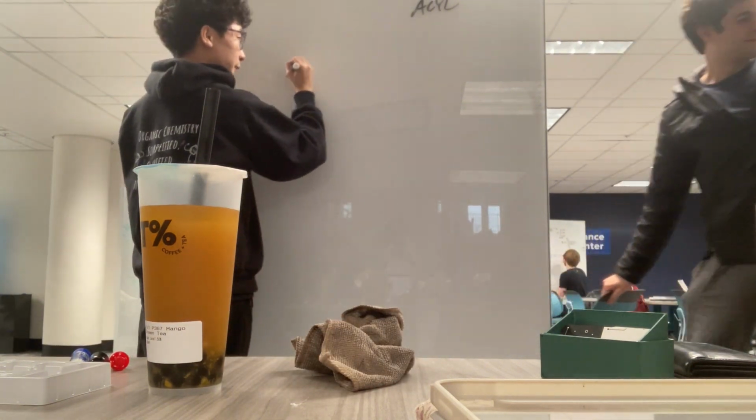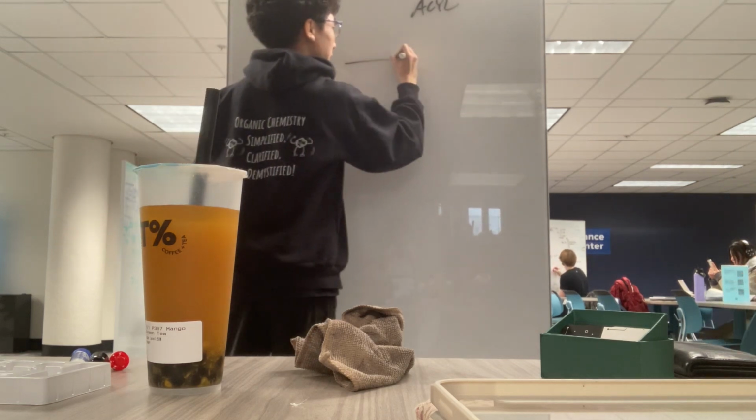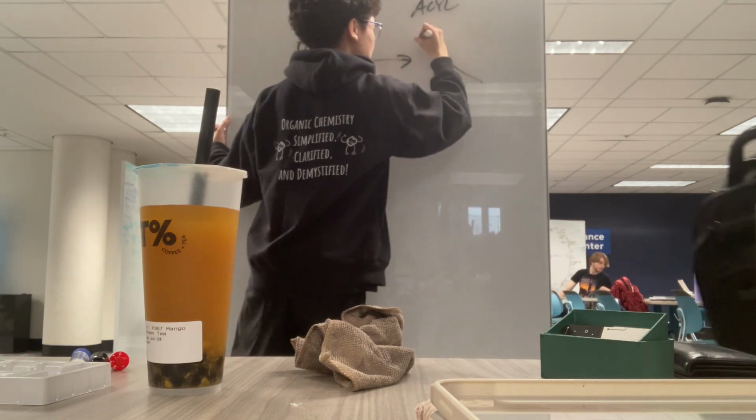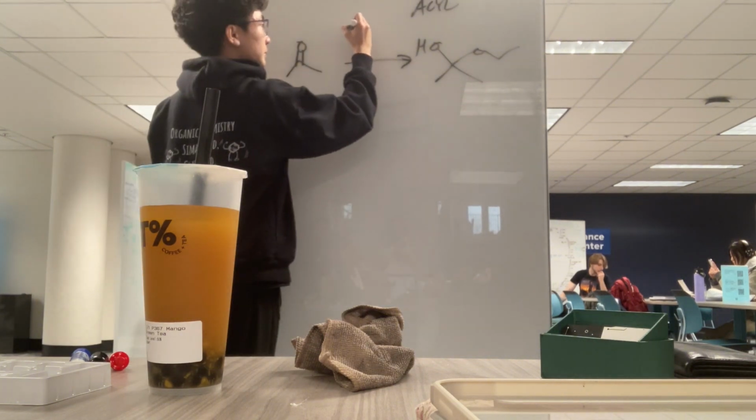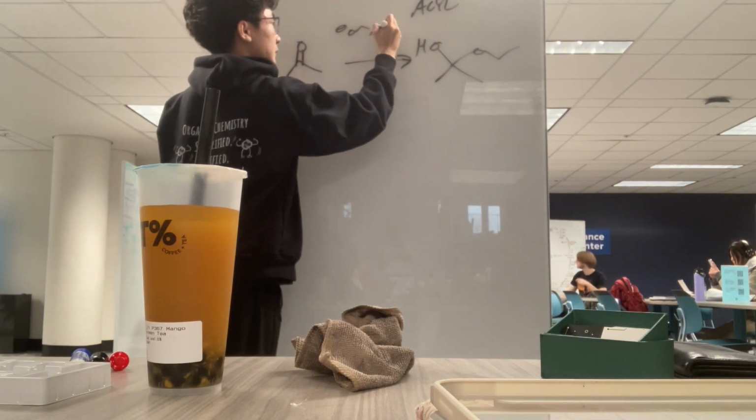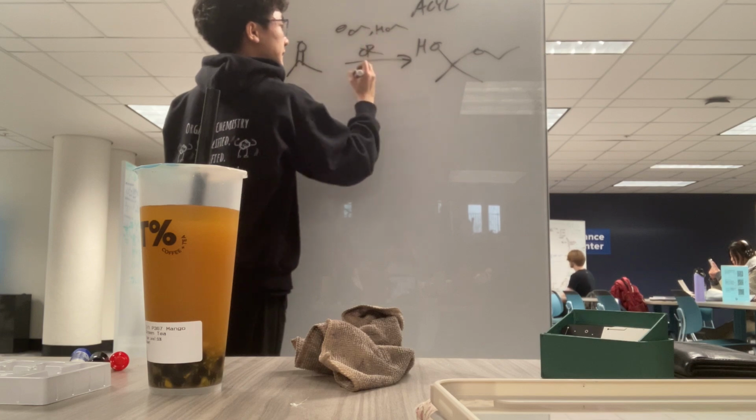So you know how when we have a carbonyl here, we can create the hemiacetal in basic conditions or acidic conditions.